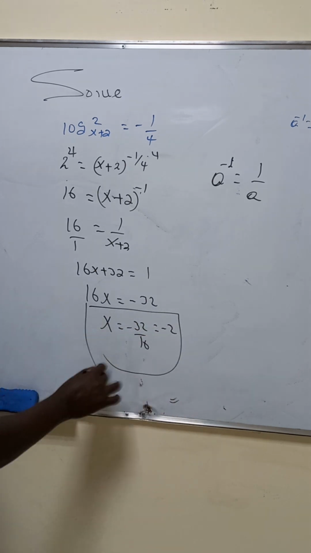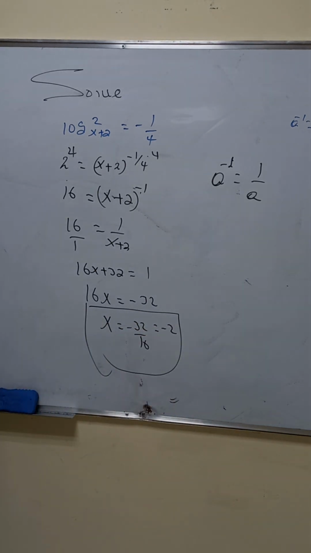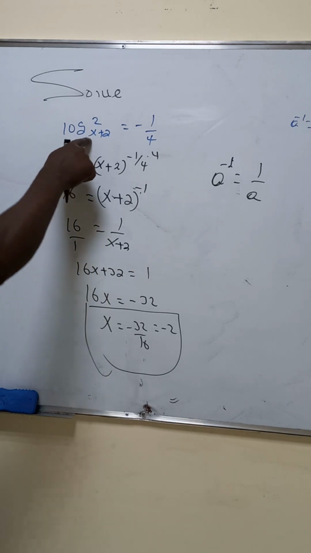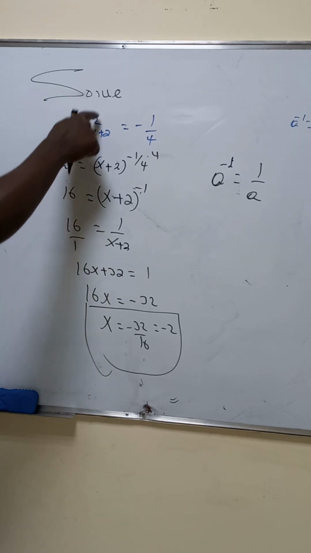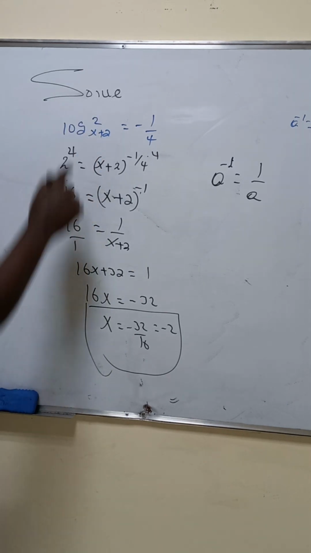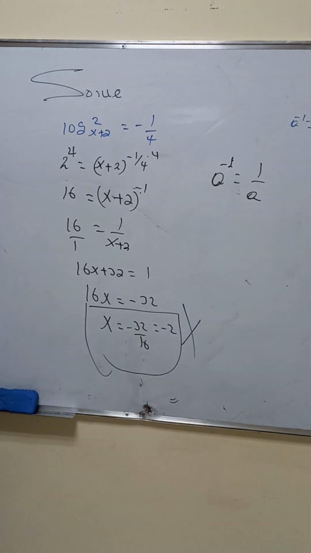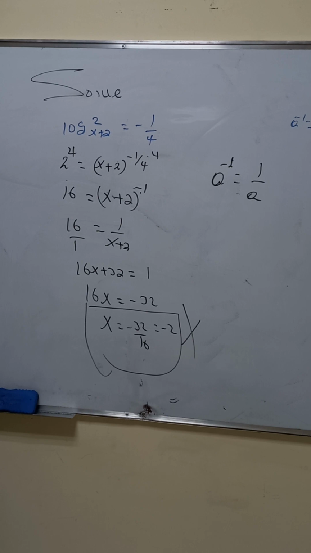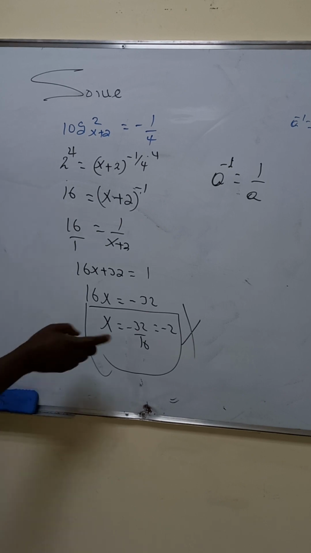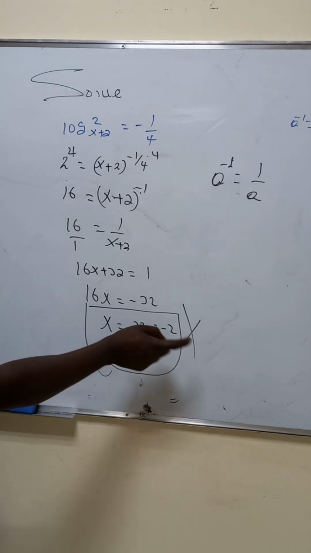So x is minus 2, and the problem is not defined, because log 2 to the base 0 is what we get. So this x will not be the solution of the given problem.